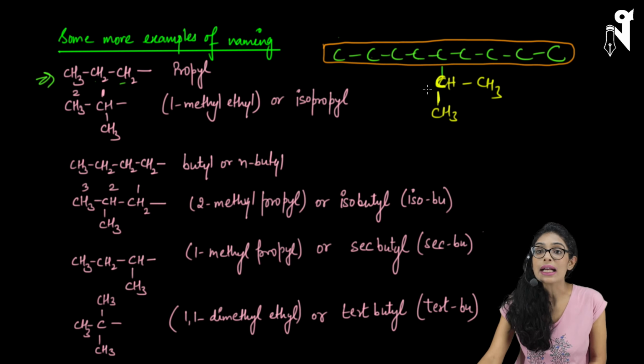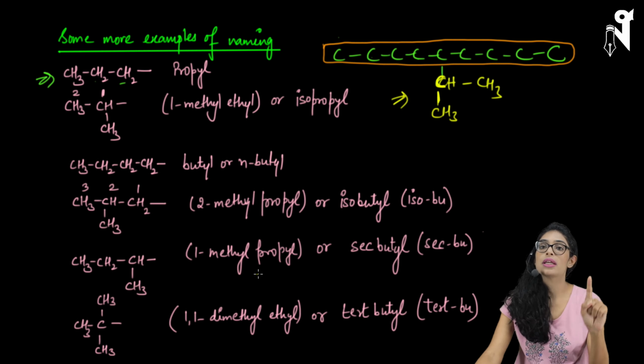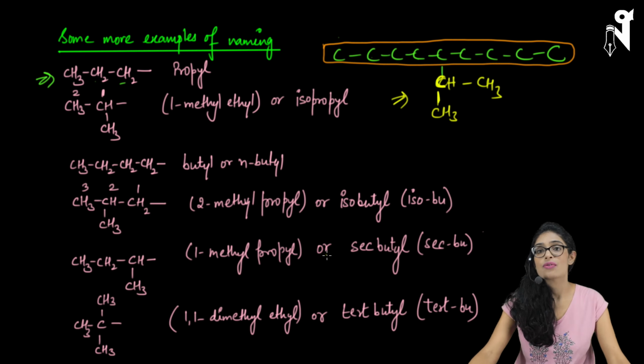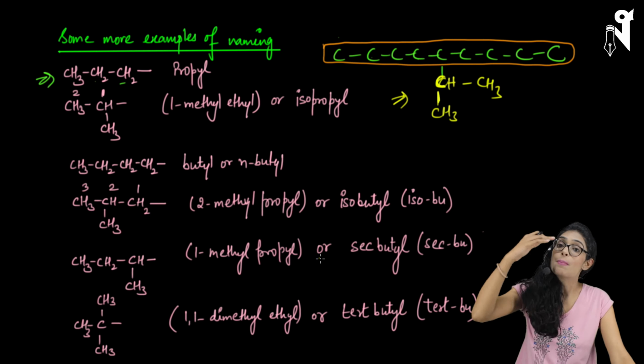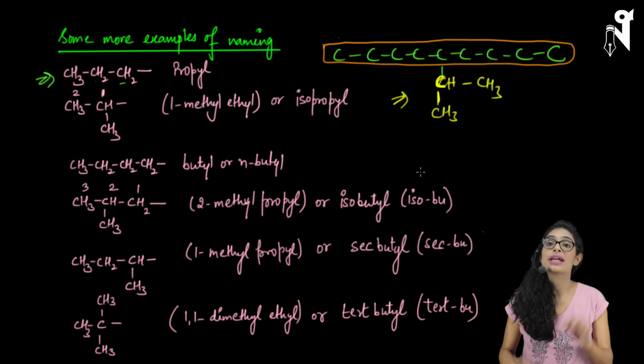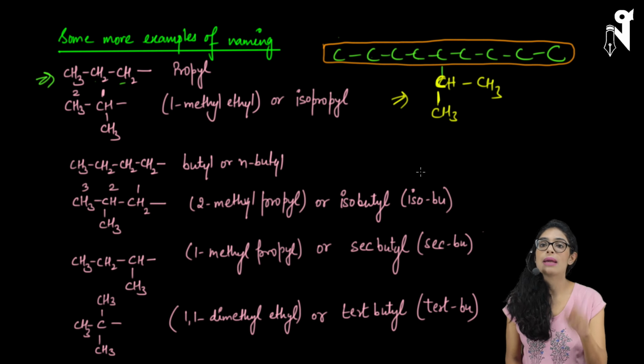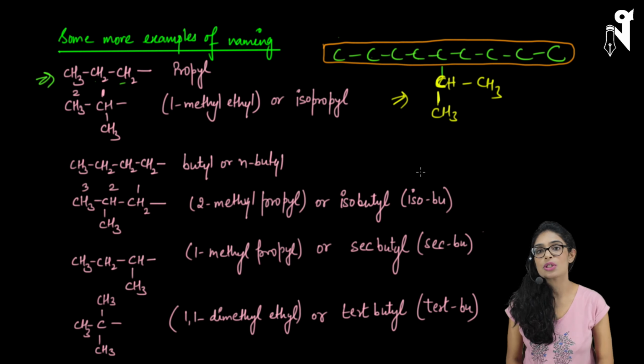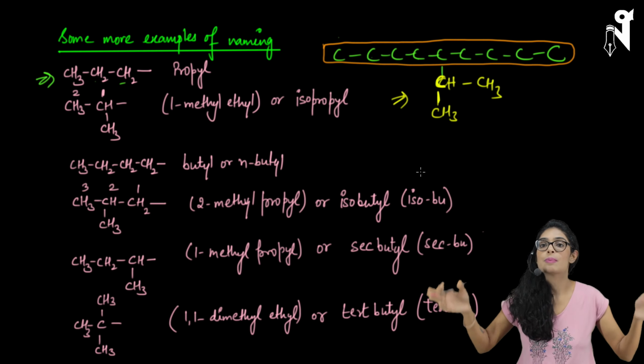So what exactly is the name going to be for this branch? Mind one thing very, very carefully. For such branches, where in the branch itself you see one more branch or further branches, we have to follow the exact rules or sequence of numbering, naming, and finding the longest possible chain as we do for the main principal chain.